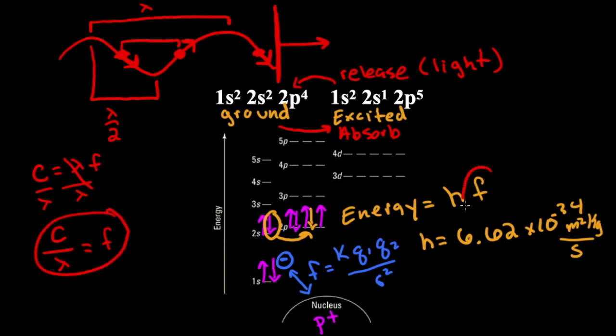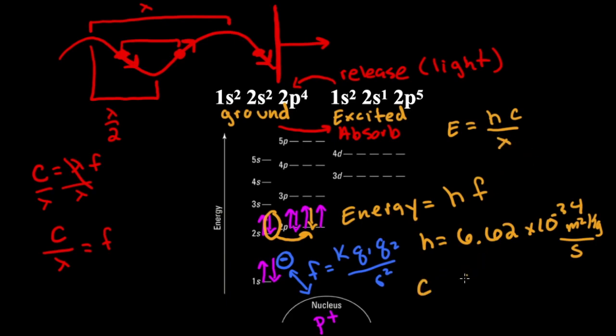We can substitute that into here, and we'll also get an equation that looks kind of like this. The energy is equal to h, which is Planck's constant, times c divided by the wavelength. And c, kind of like h, is a constant, equal to 3 times 10 to the 8 meters per second.